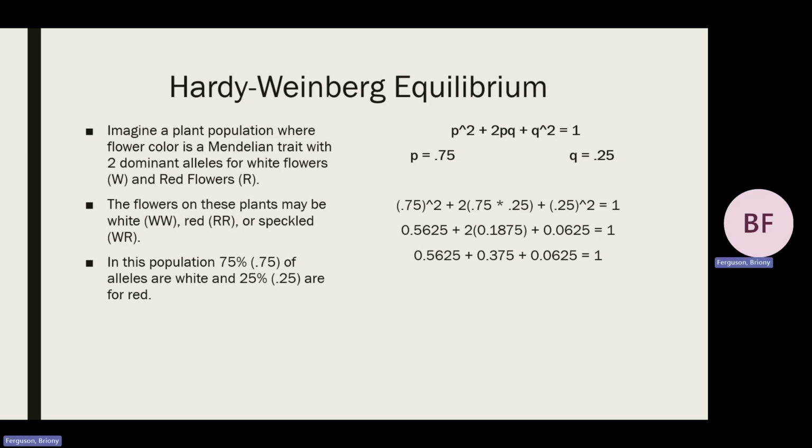There are other instances where you are only going to be given the genotypic frequencies. So you might be given 2pq or q squared or p squared. In that instance, all you really have to do is take the number that you're given, and let's say you're given p squared.